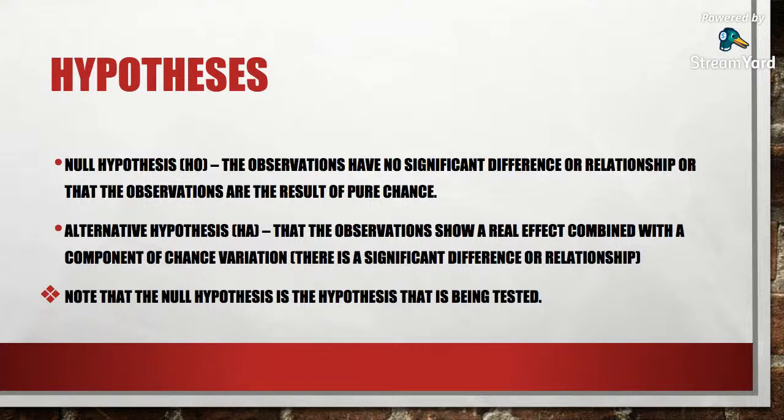So if the null hypothesis says that the means of, let's say, two groups are equal, and you reject that, then your conclusion would be your alternative hypothesis, that there is an effect, or there's a difference, or there's a variation between the two groups.